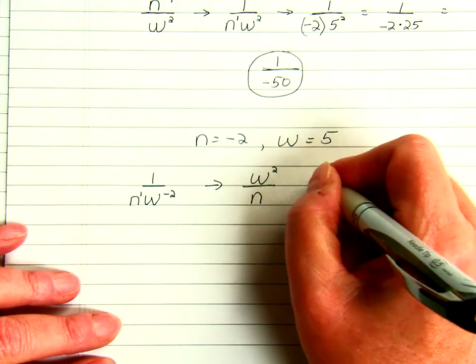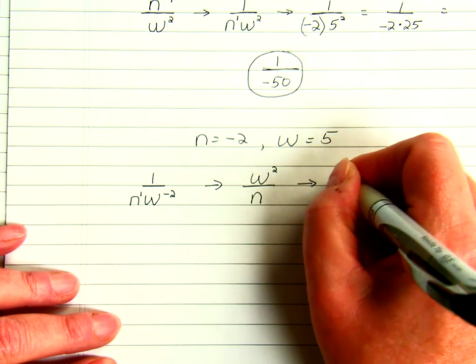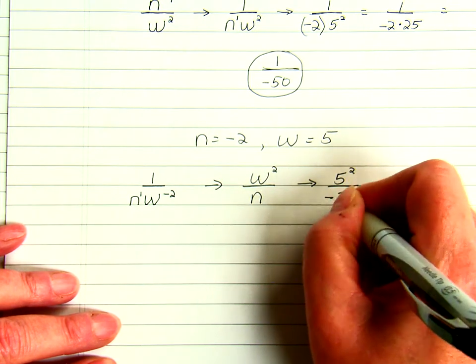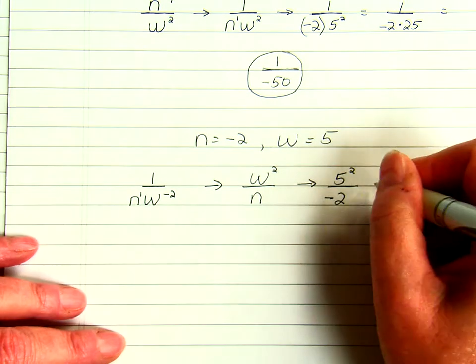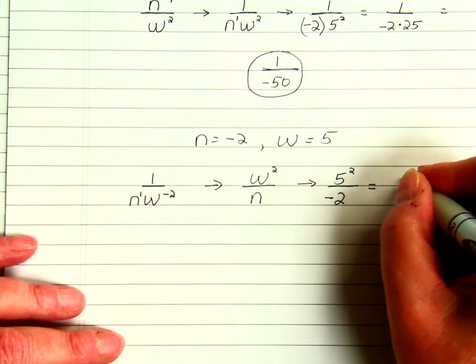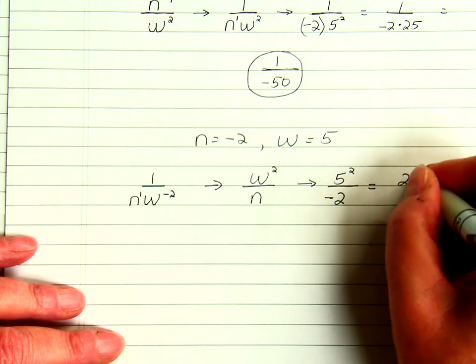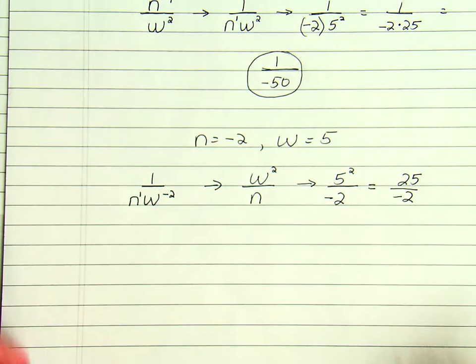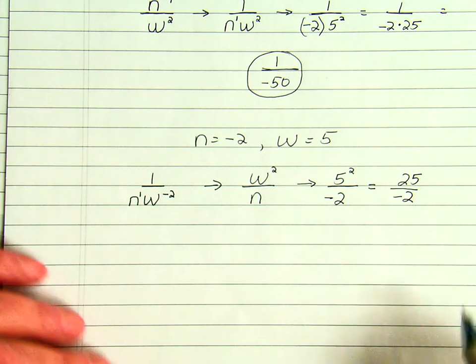So this becomes 5 squared over negative 2. And when we go ahead and square that, we've got 25 over a negative 2. We can go a couple of different ways with this. Let's just convert it to a mixed number and fully simplify this fraction.